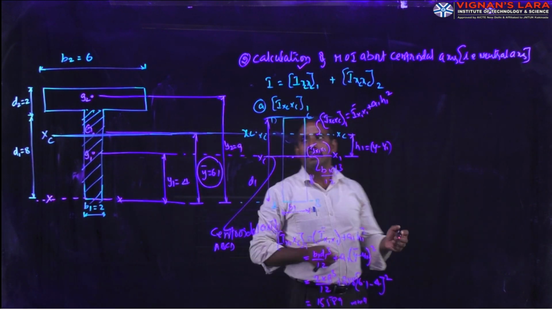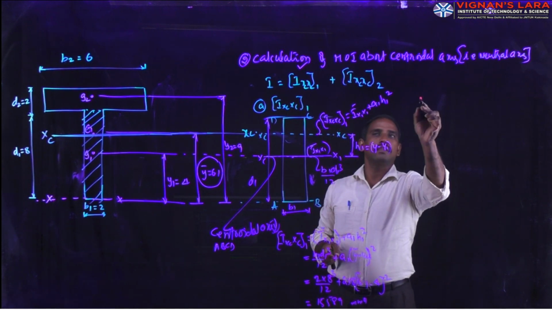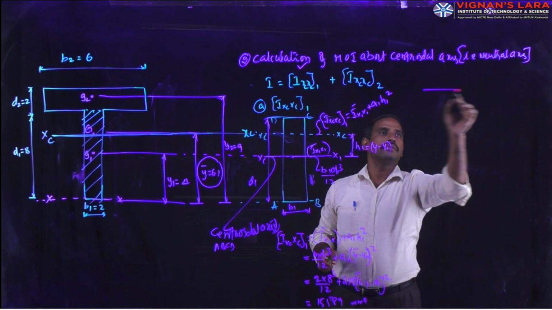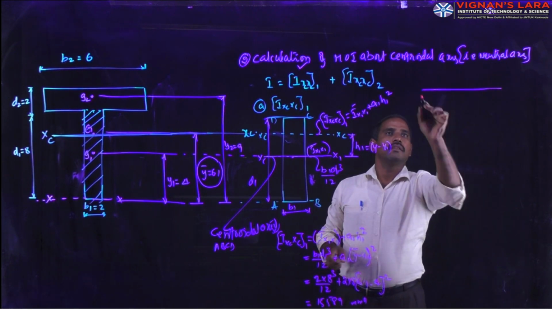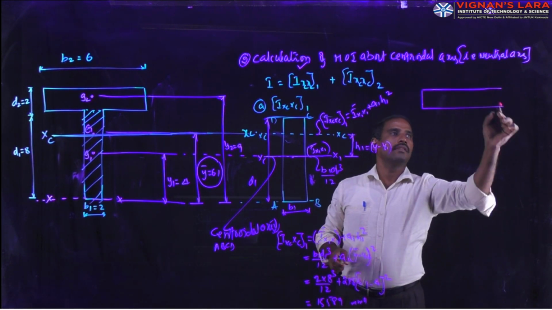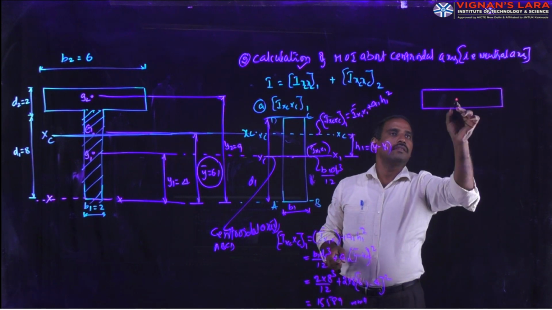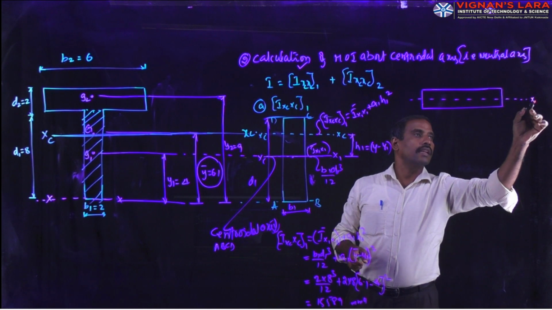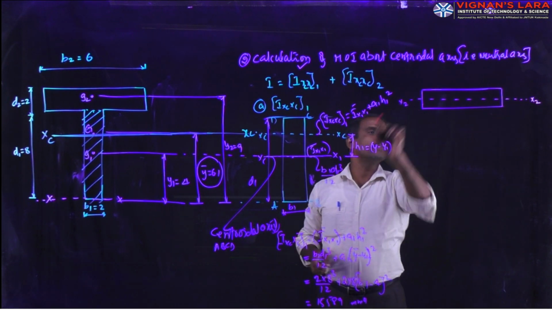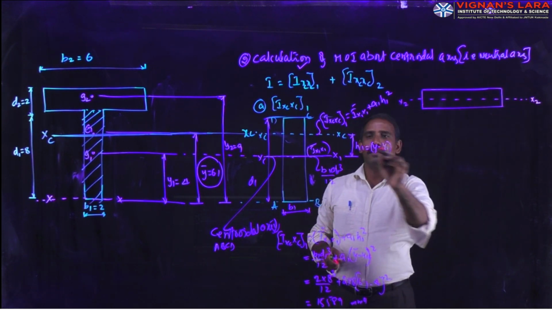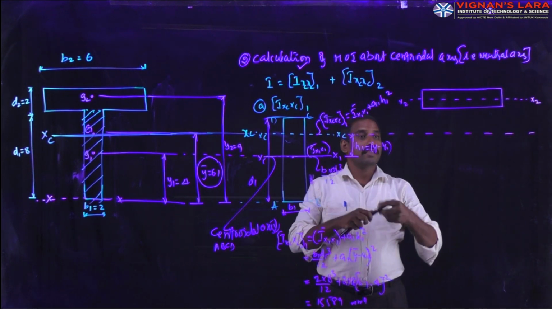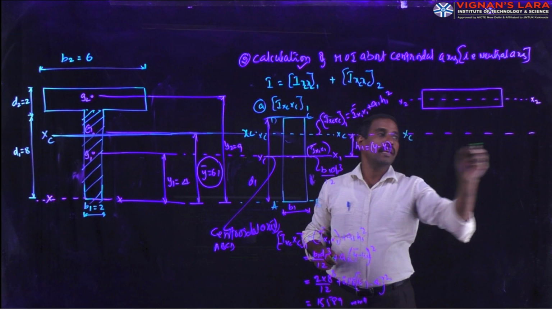Now coming to the second element. Say this is the central axis of the second element, represented as X2. This is the central axis of the composite section, represented as XC.